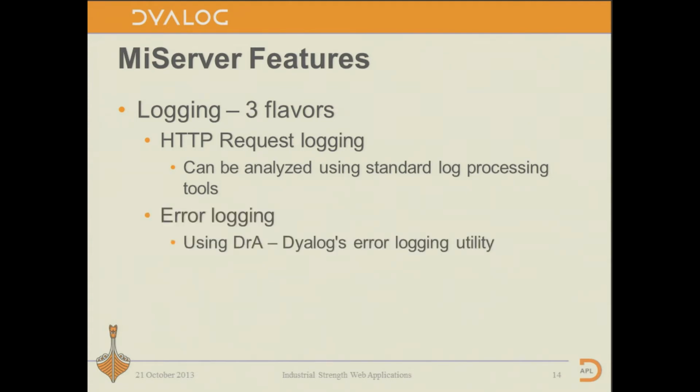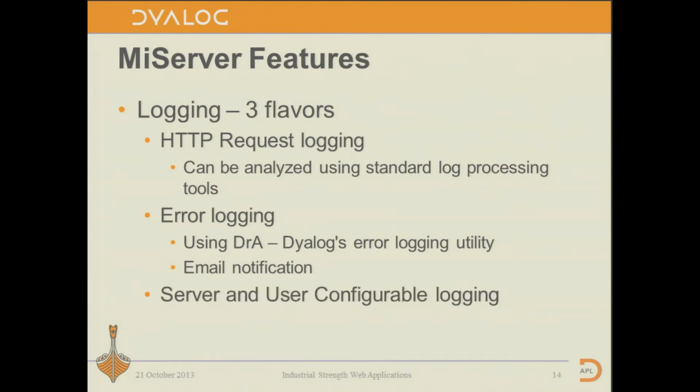We also do error logging using DrA, which is Dyalog's error logging utility, which includes email notification when an error occurs. And then inside of MiServer itself, the core server, we have server and user configurable logging. So you can define different user events. For instance, if you have some notion in your web application of a transaction, you could log every time a transaction occurs.